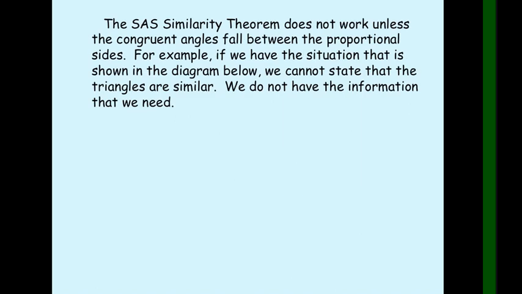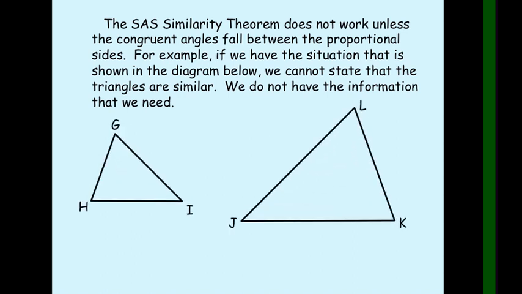The SAS similarity theorem does not work unless the congruent angles fall between the proportional sides. For example, if we have the situation that is shown in the diagram below, we cannot state that the triangles are similar. We do not have the information that we need. So, halimbawa, ito. So, let's say we have 5, 7.5, 7, and 10.5, 50, and 50.